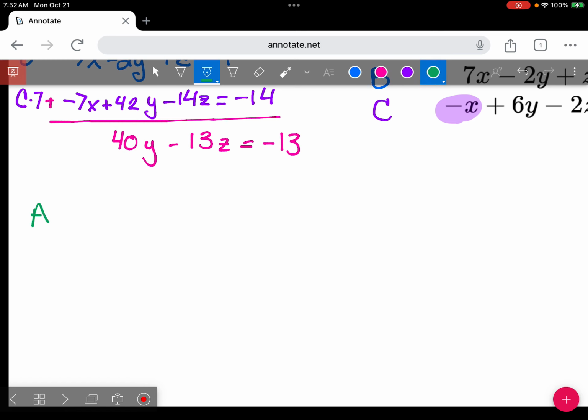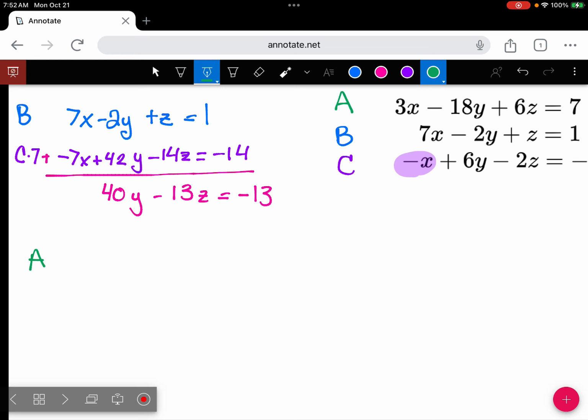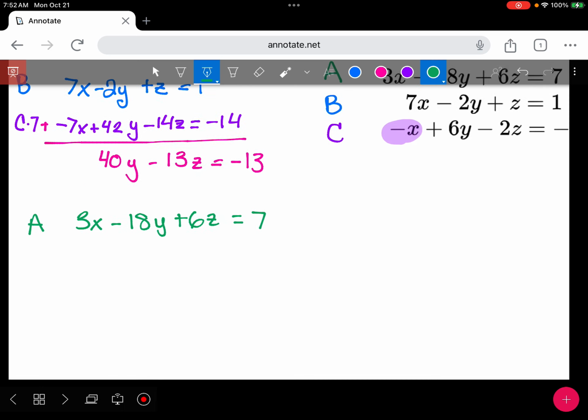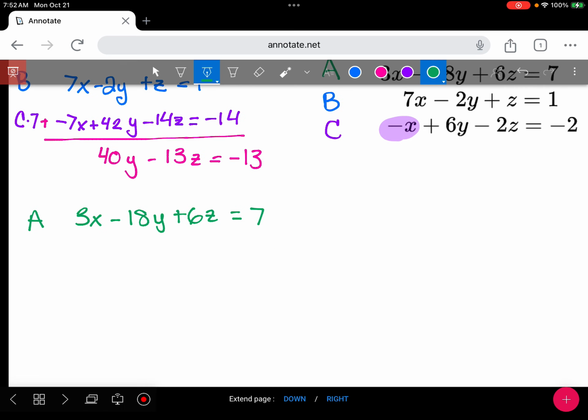We need to. And I want to eliminate out the same variable. I want to eliminate out my x's. So if I need to take my 3x minus 18y plus 6z equals 7, and I need to eliminate out my x's, what do I need to multiply my C by?